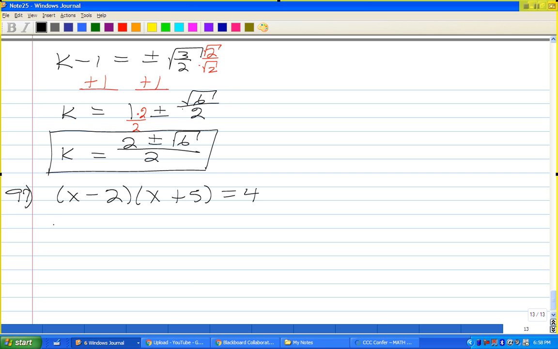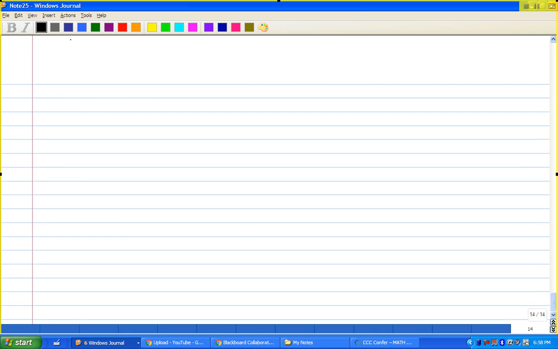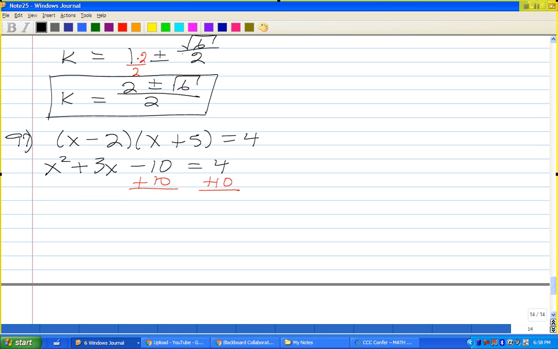So I have x squared plus 5x minus 2x is plus 3x minus 10 equals 4. Let me add 10 to both sides of my equation. And so you have that x squared plus 3x is equal to 14.